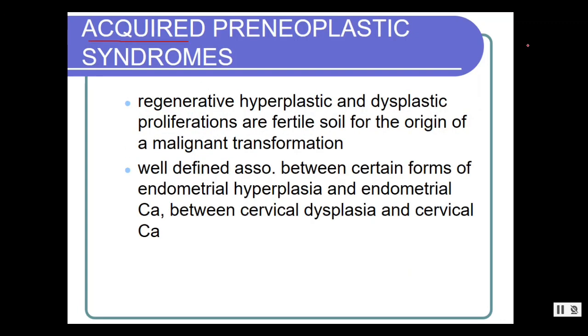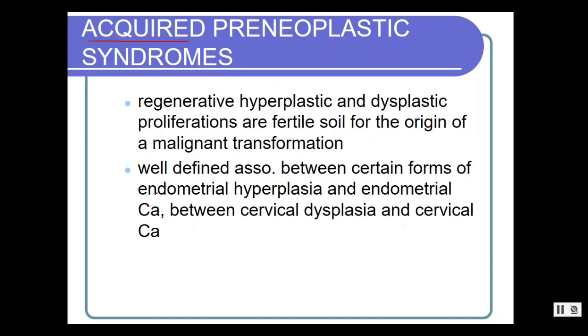Acquired preneoplastic syndrome. These are diseases that can cause or are a predisposing factor for the development of tumor, because hyperplastic and dysplastic proliferation are fertile soil for malignant transformation.